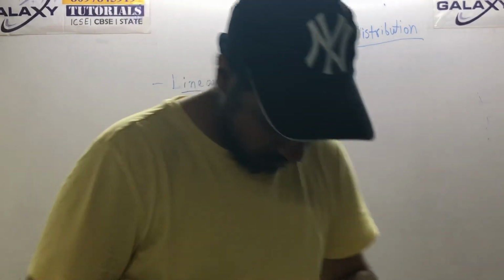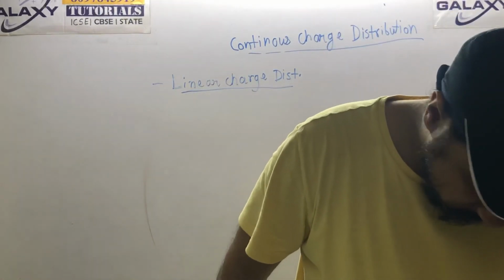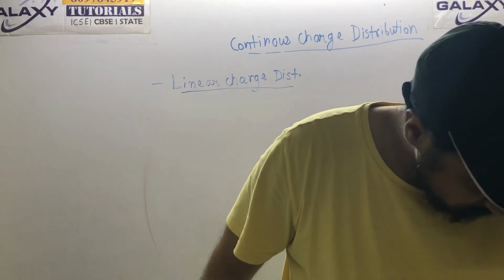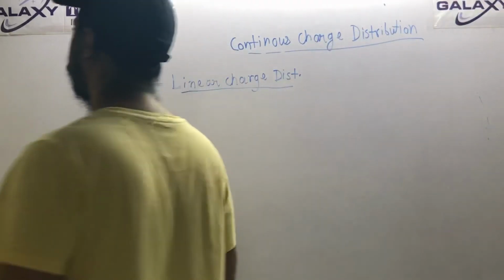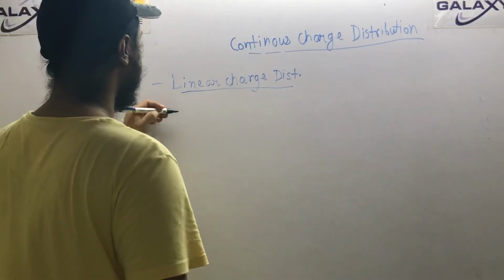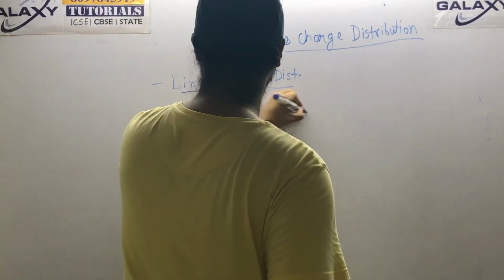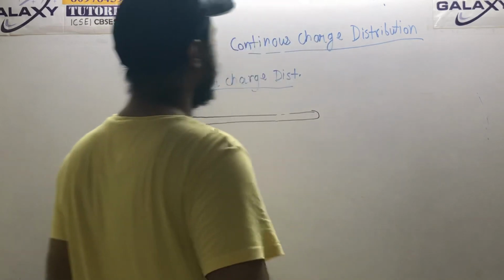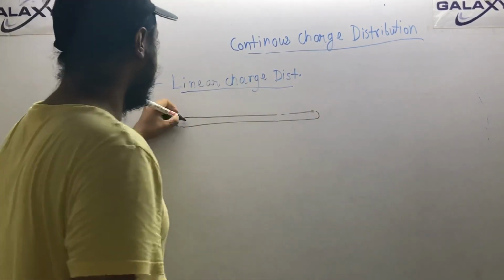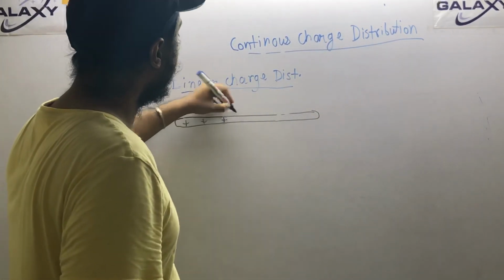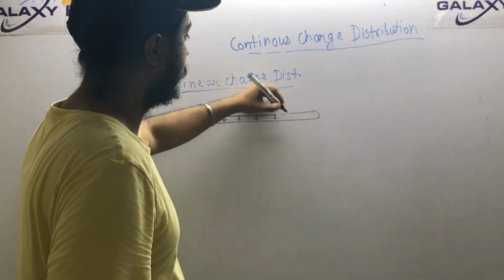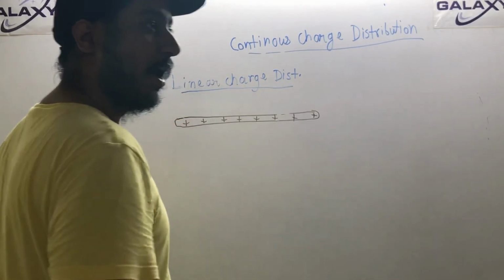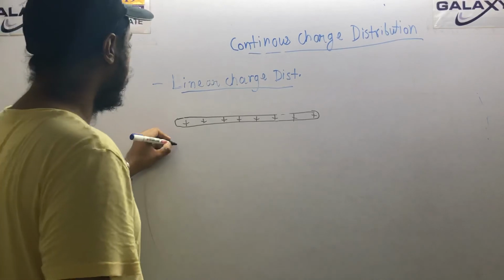So what is the linear charge distribution? Whenever the charge is distributed at equal intervals along the length, we say the charge is linearly distributed. The symbol for linear charge distribution is lambda.